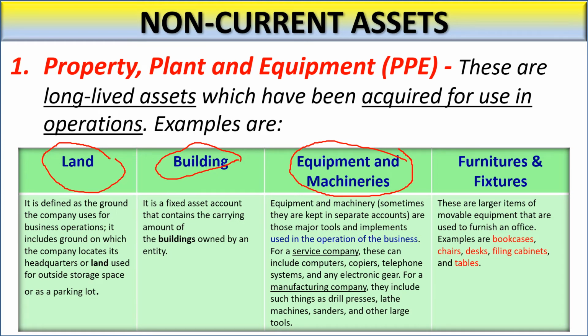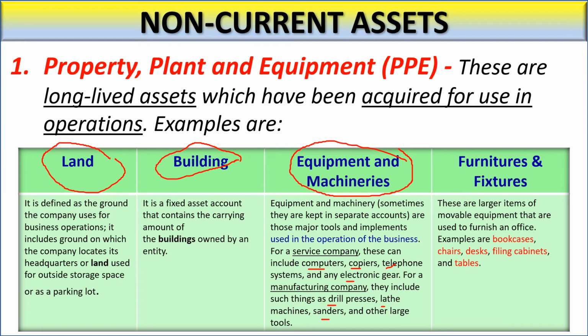For a service company, pag ang kumpanya ay service company, this can include computers, copiers, telephone systems, and any electronic gear. But for a manufacturing company, they include such as drill presses, lathe machines, sanders, and other large tools.